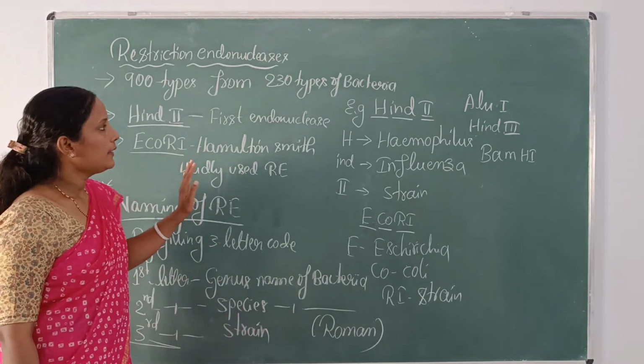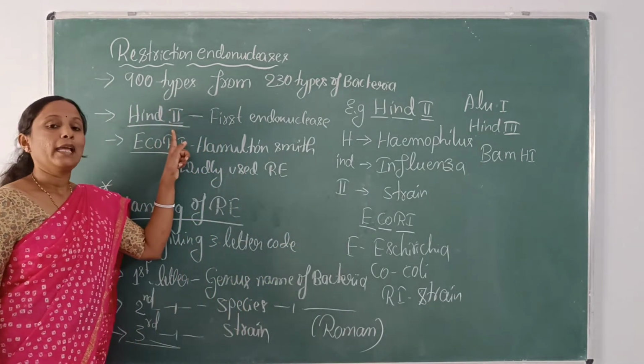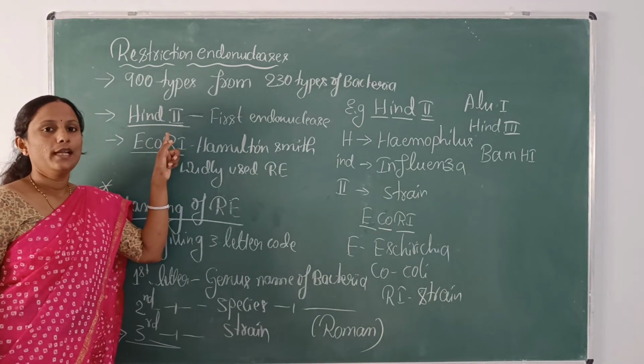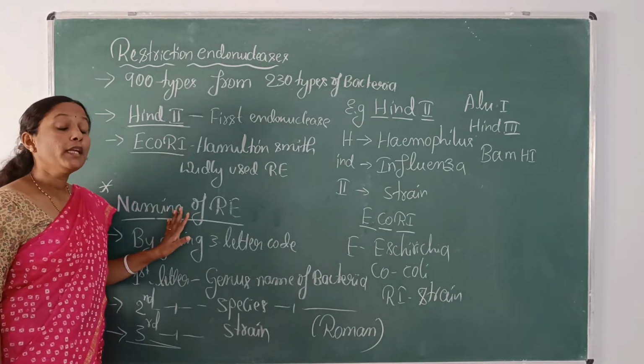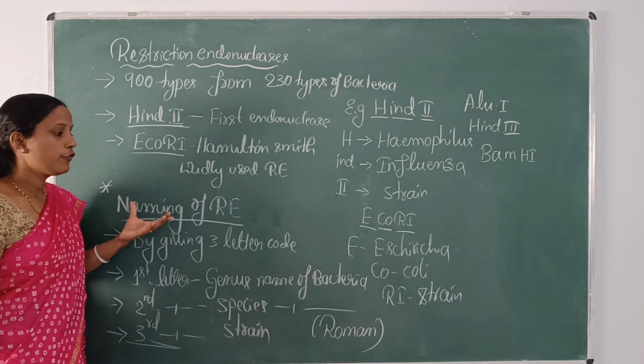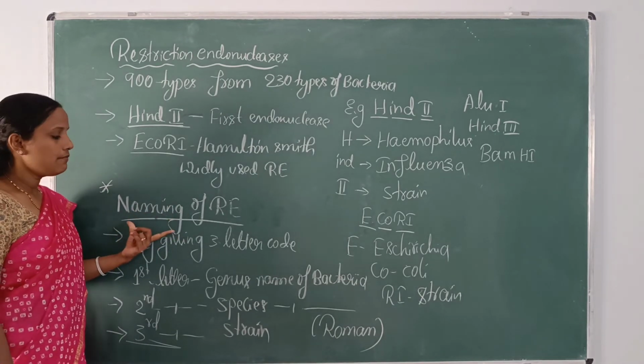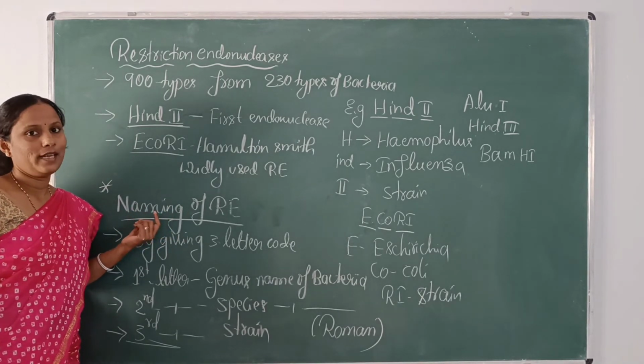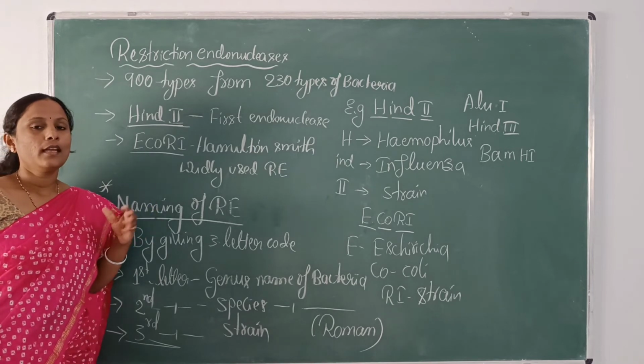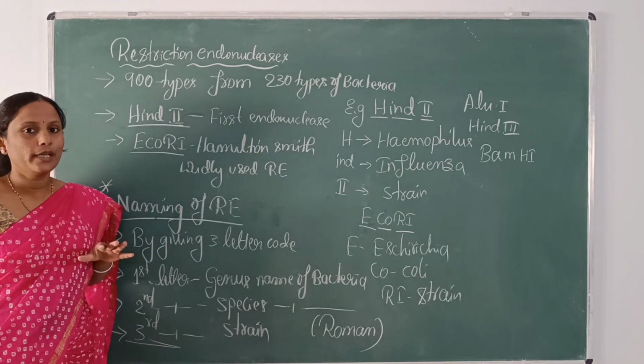So here it's about the types of restriction endonucleases and the naming of restriction endonucleases. For theory exams, it may be asked for 2 or 3 marks: explain the naming of restriction endonucleases.